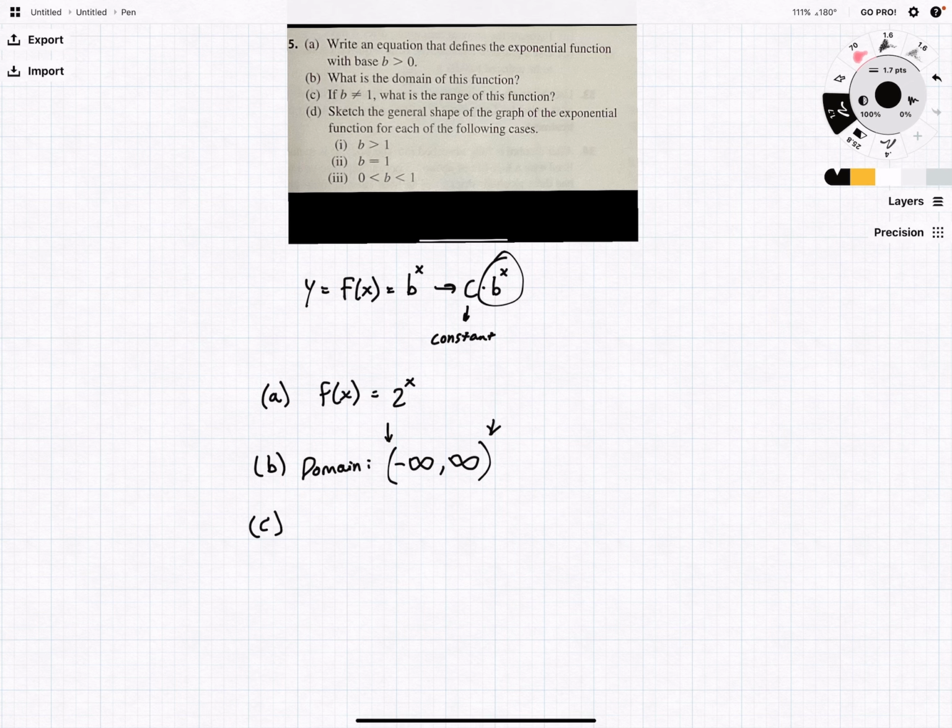Well, if we put in a really large negative number, like, suppose we put in 2 to the negative 100.